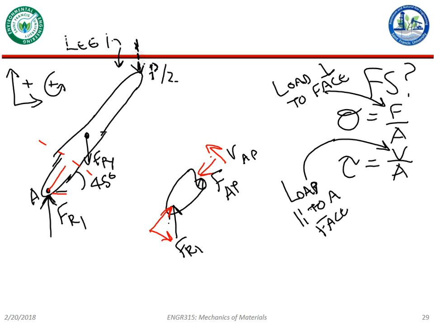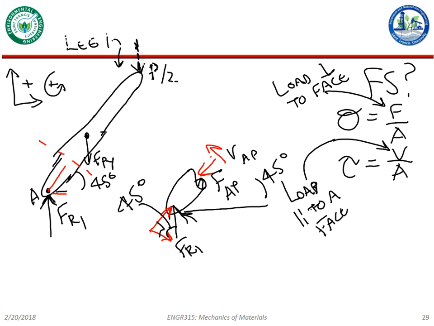Right. So I have to decompose FR1 into two components. I know that this angle here is 45. All angles are 45 degrees, really, because that's the angle that the leg's sitting at.